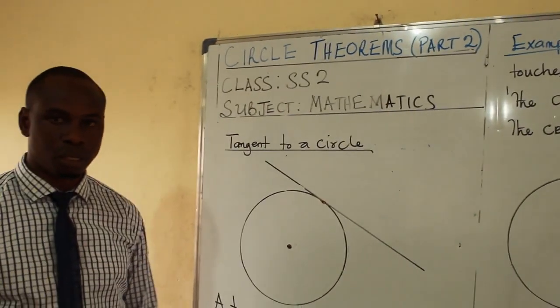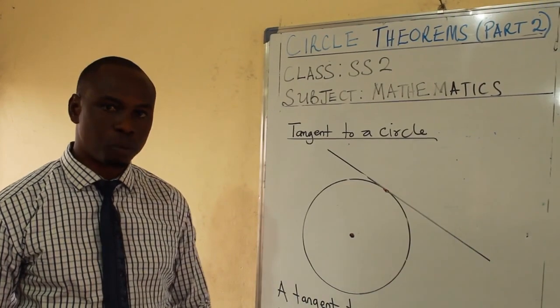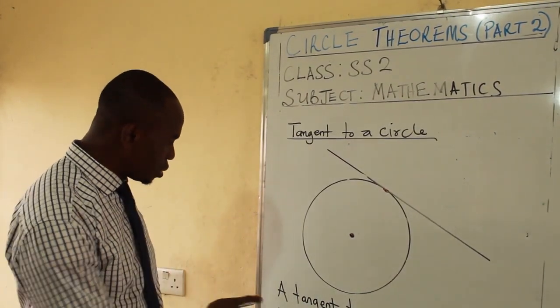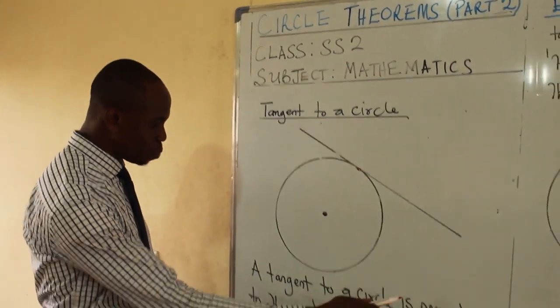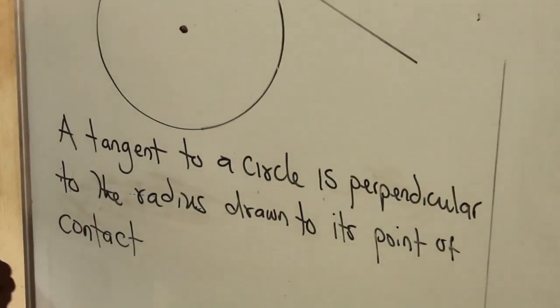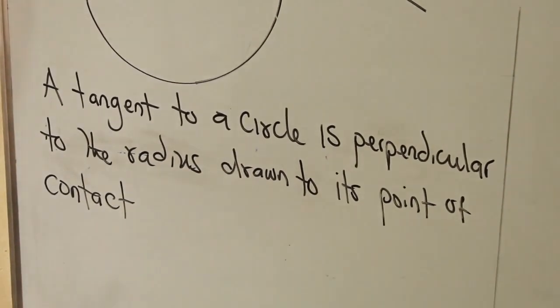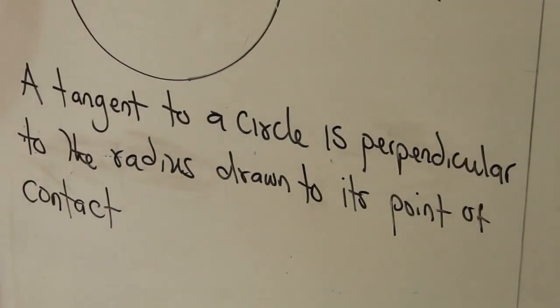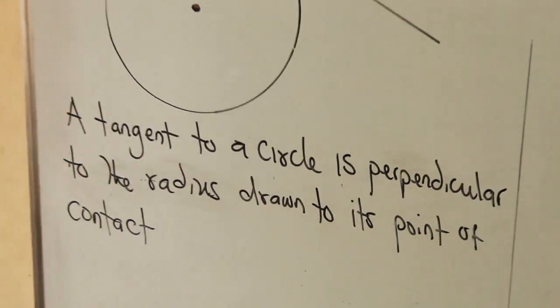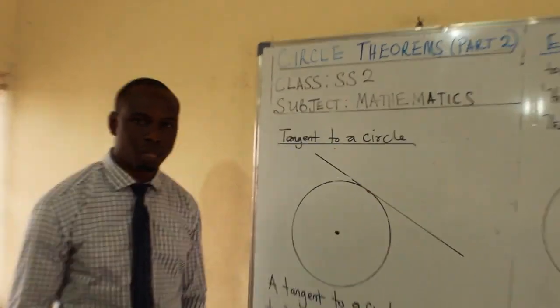There are certain properties that a tangent has in a circle, and one of those properties is that a tangent to a circle is perpendicular to the radius drawn to its point of contact. Perpendicular here means that the angle formed there is 90 degrees.